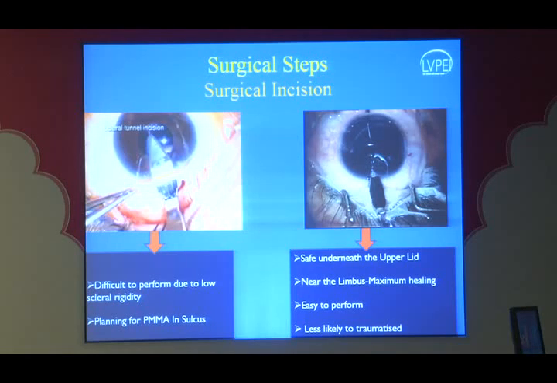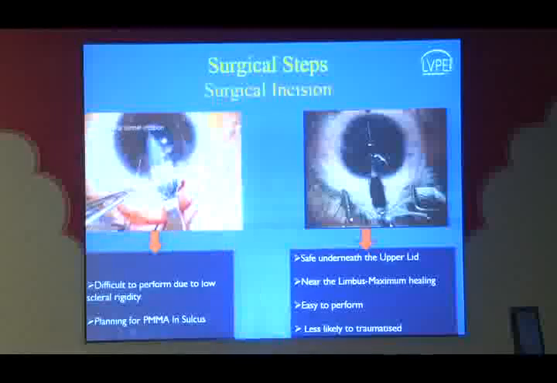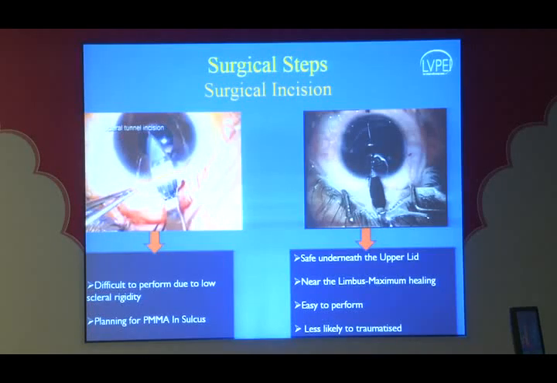And what are the advantages of the clear corneal or limbal incision? It is safe underneath the upper eyelid, near the limbus, so there will be maximum healing, it is easy to perform, and less likely to be traumatized because of the protection by the orbital rim.